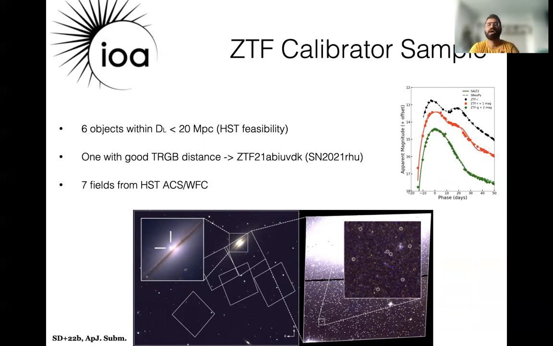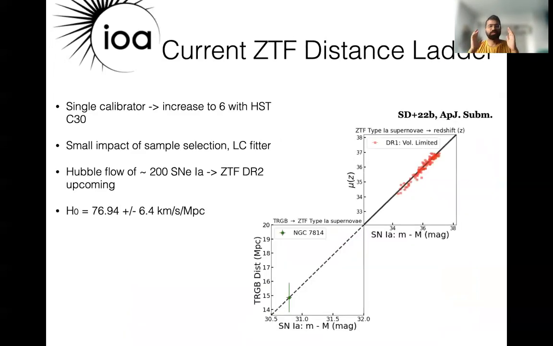Using the HST data, we took all of the data from ACS and WFC3, and we basically took the fields that were in the outskirts of the galaxy, so not impacted that much by the dust in the central region, and essentially get a tip of the red giant branch distance using the standard Carnegie-Chicago Hubble program pipeline.